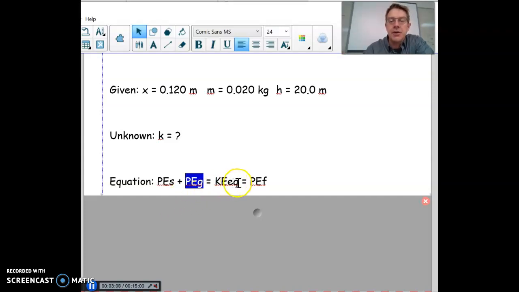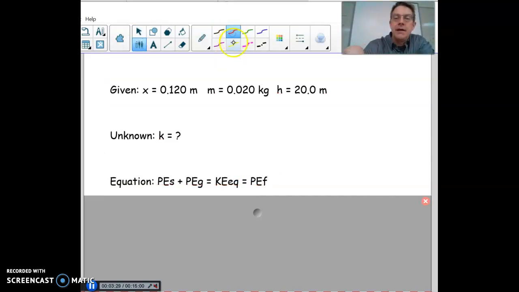Those 2 potential energies, when I add them, are going to equal my kinetic energy passing through the equilibrium position. And it's that kinetic energy which is going to end up giving it its final potential energy. The convenient thing for us is that we can totally bypass the intermediary and jump straight from one to the other.